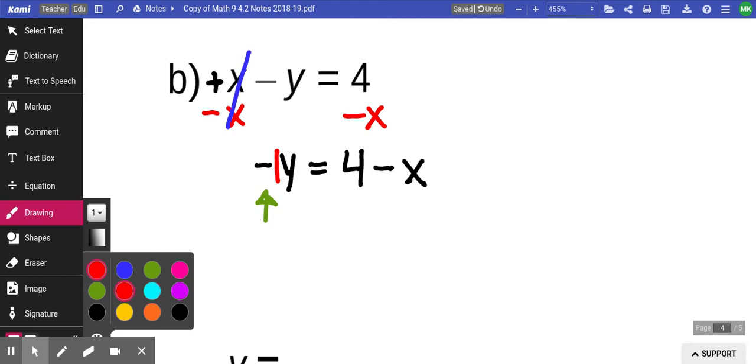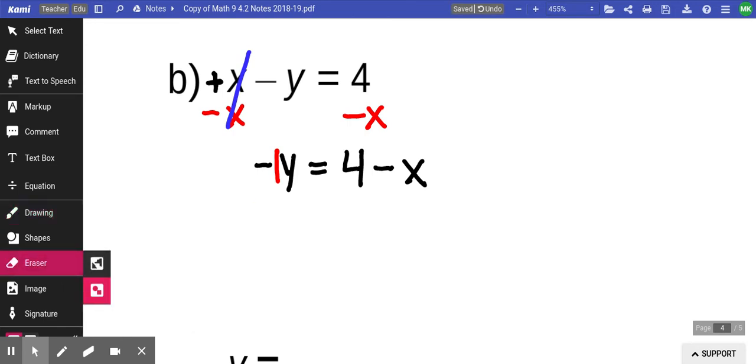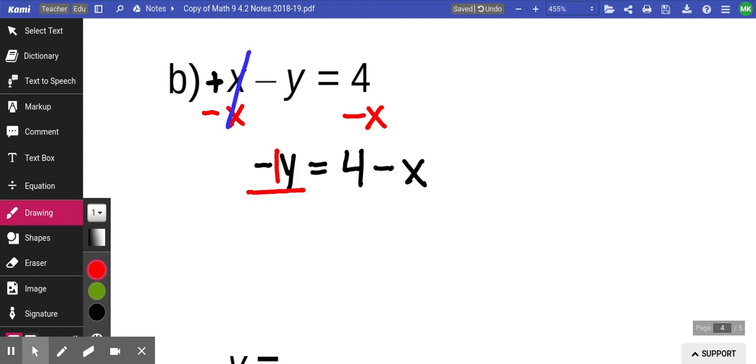There's an invisible 1 there. So we want to get rid of that negative 1 times y. The opposite of multiplying is dividing. So what we do is we divide everything by negative 1. And we have to do it to everything.